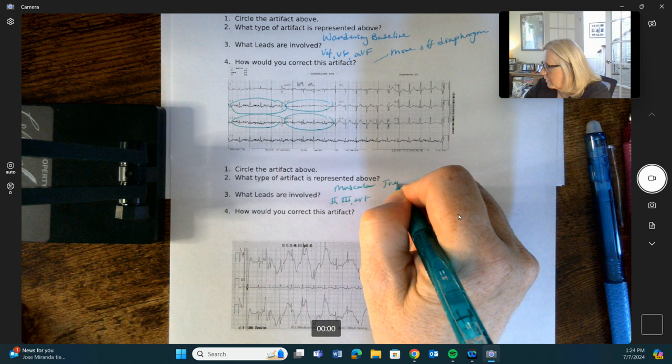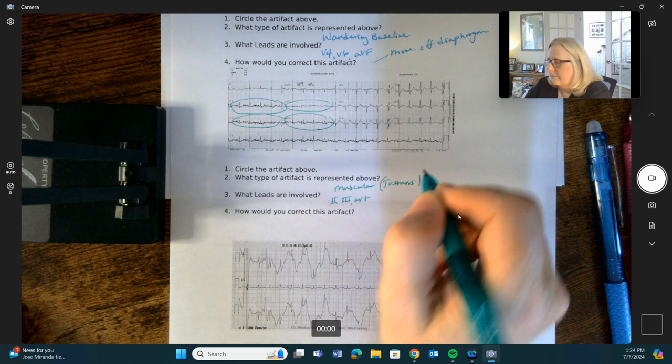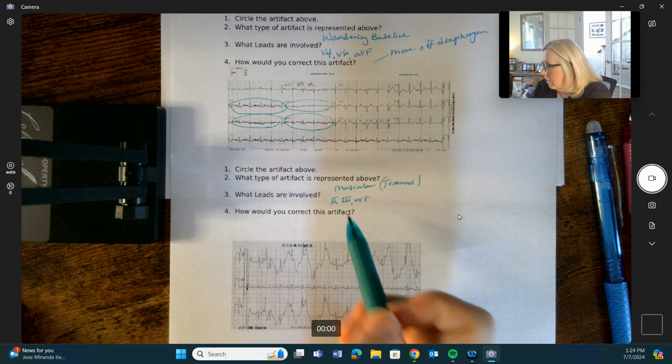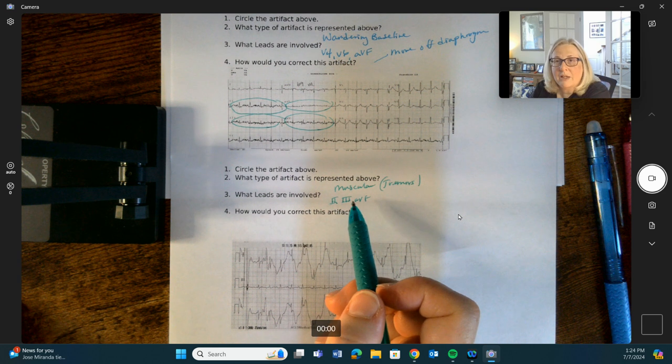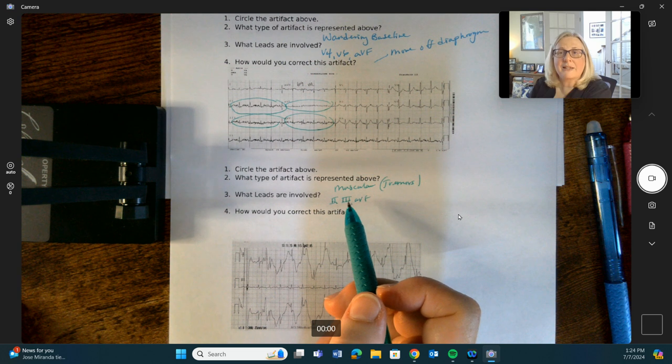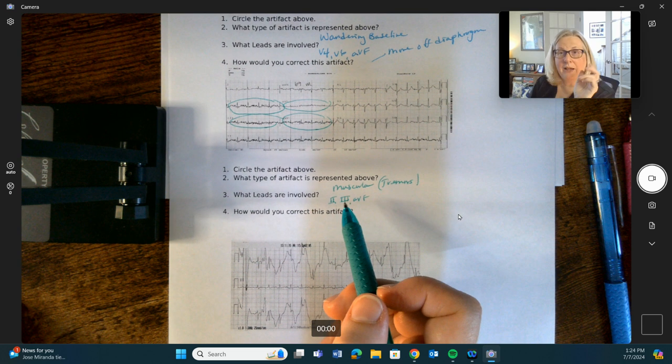The tremors, right? So again, all of these 2, 3, and AVF all land at the foot. So it's probably somewhere on the left foot that this person can't hold still, or it's in a place where they're wiggling. They don't realize it. Maybe it's on their ankle and they are wiggling their toes or whatever.